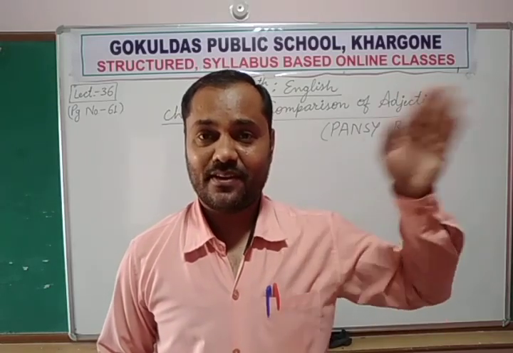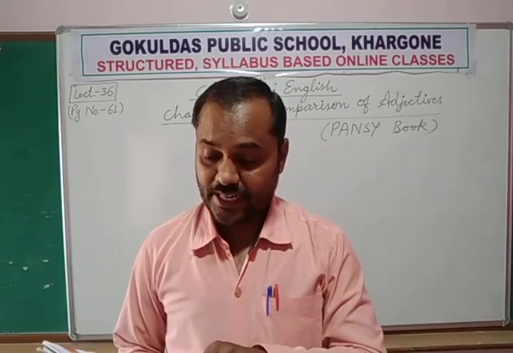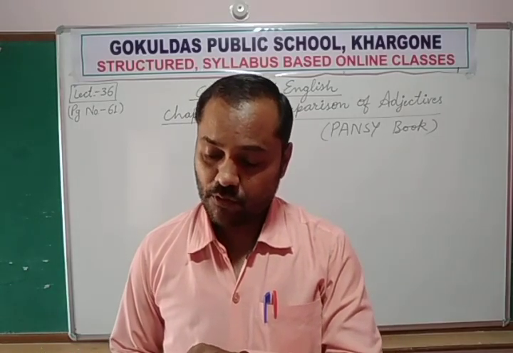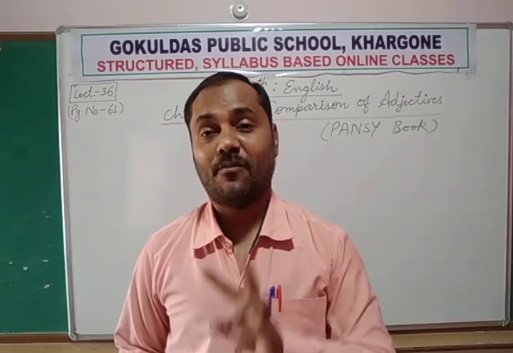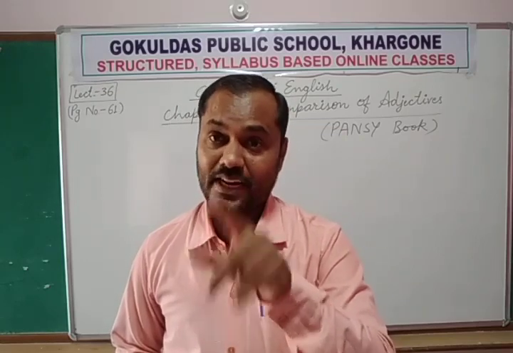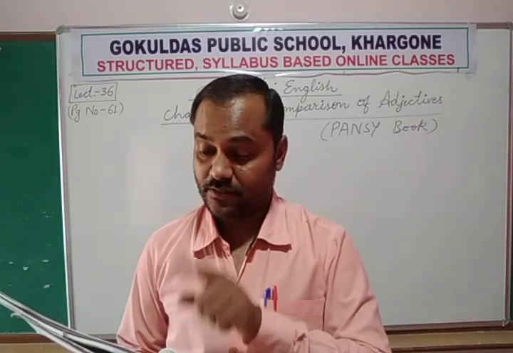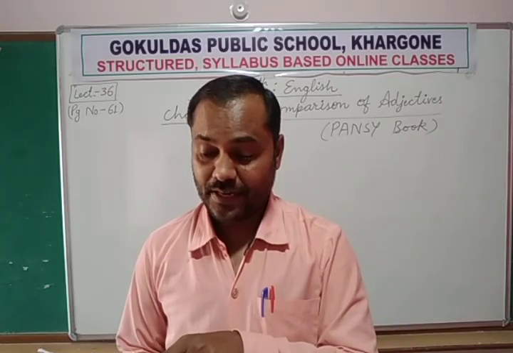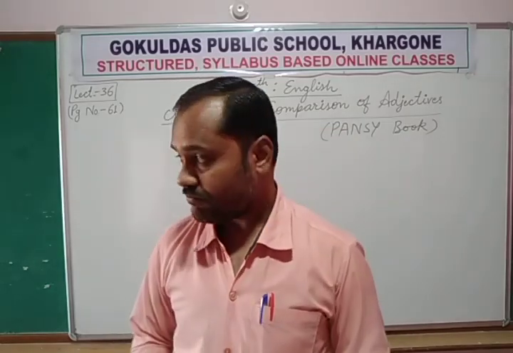So we are comparing Mohan and Ravi. Such an adjective is called the adjective of comparative degree. When we are comparing between two objects or two persons, at that time we call it the comparative degree of adjective.